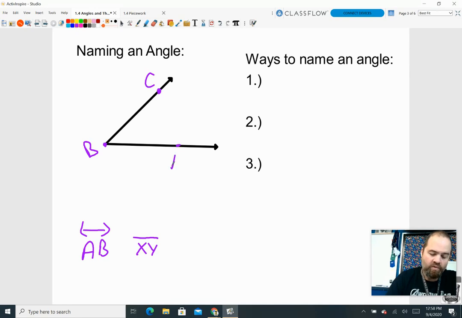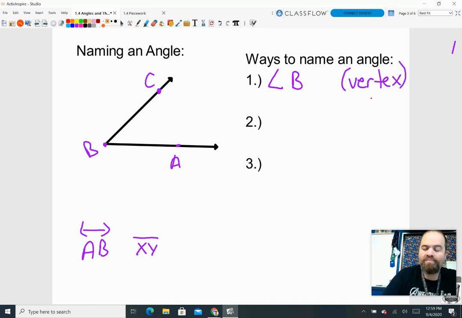It is an angle, so that's going to be our notation. I'm going to have a little angle out front, kind of looks like a little slanted L. There's a bunch of different ways to name these. I'm kind of fond of all of them depending on what you're actually doing, but the easiest way is probably to name it using the actual vertex, the point where it all comes together.